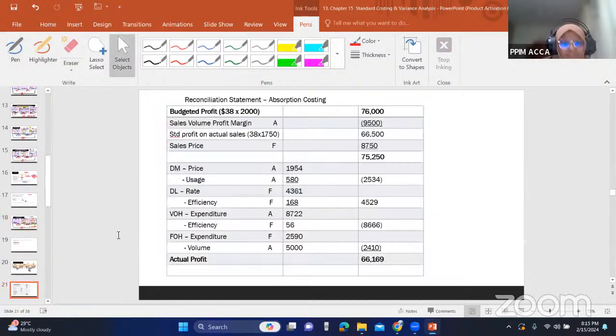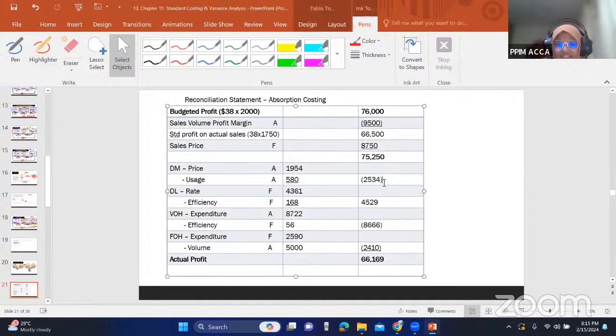I start off with the sales variances, then I put all the other variances. So see, the price total was an adverse variance, so it is negative. Direct labor, look back at what you copied down. The total was a positive favorable variance, so that's why I have added. Variable overheads, the total was again adverse, so I deducted. Fixed overheads, just now I calculated it.